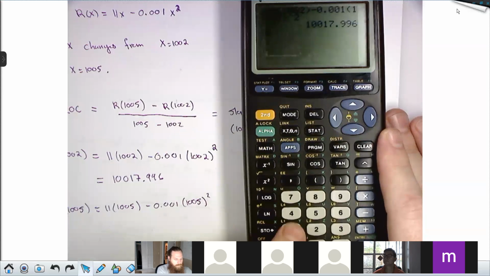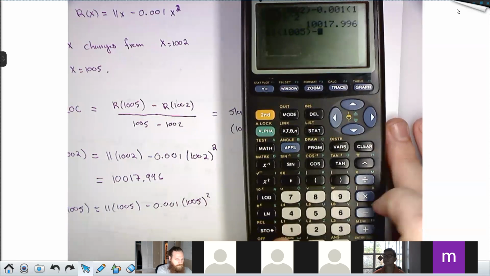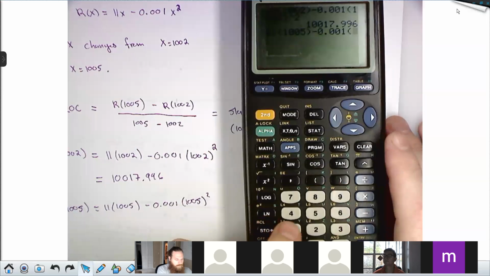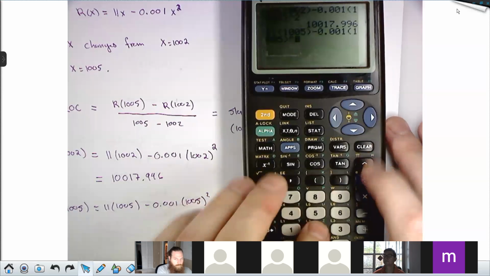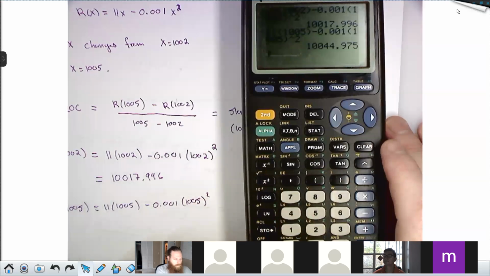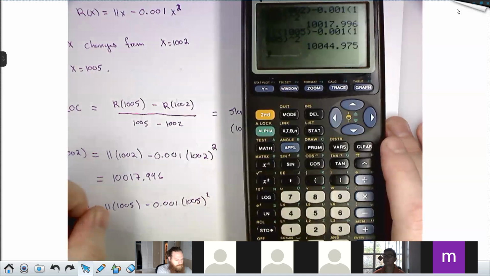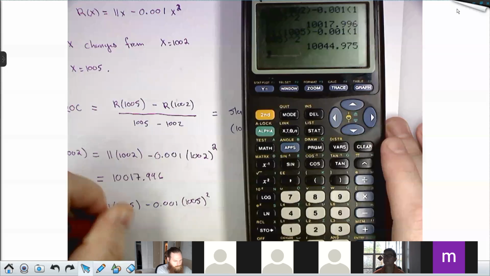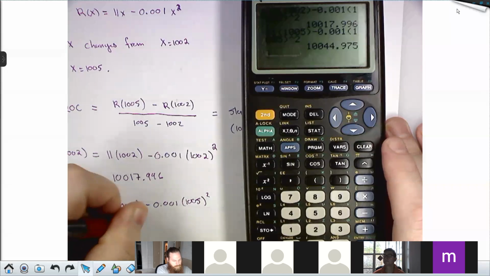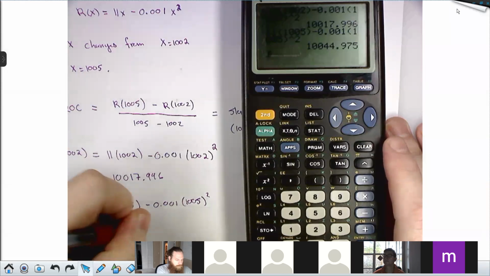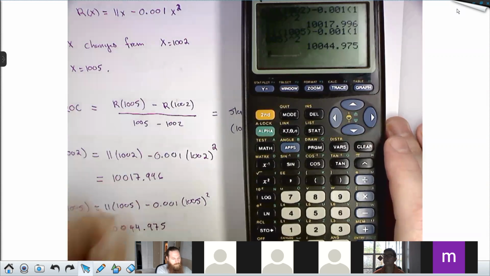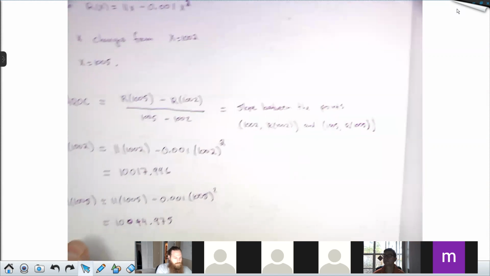We'll type here 11 parentheses 1005 minus 0.001 times parentheses 1005 all squared. And that's 10,044.975. So now we're ready to plug these things in to our formula.